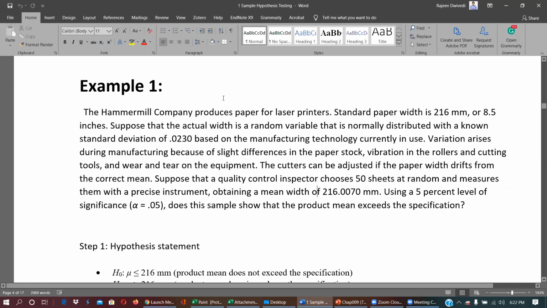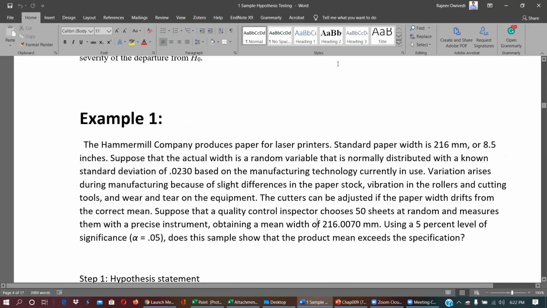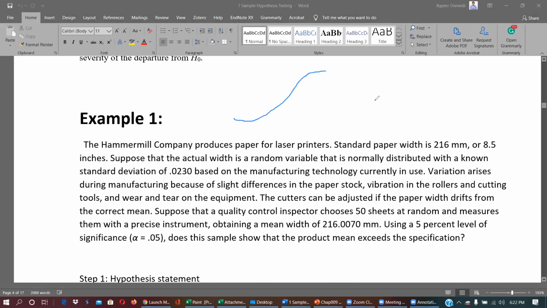so very simple. Let me draw some. This is the normal distribution, and at the 5% level, this is 5%. It exceeds, so up to there is 216, meaning this is the level, it goes here or it doesn't go here.